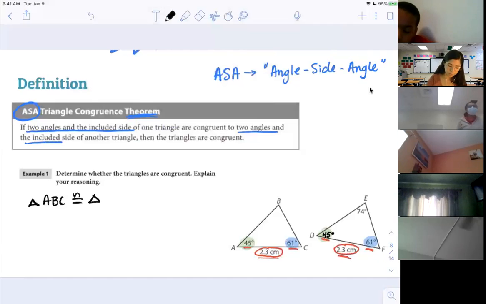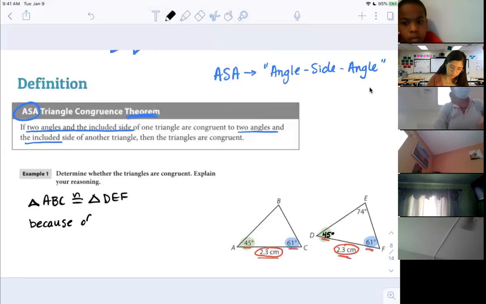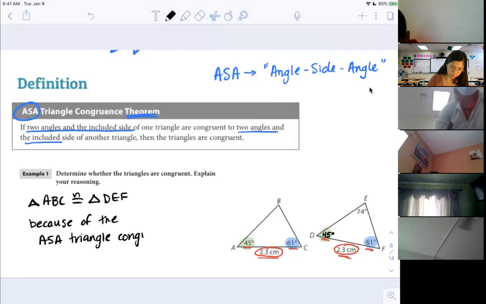Good, D, E, F. Because of the ASA triangle congruence theorem.